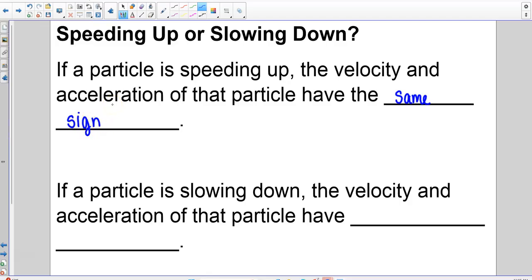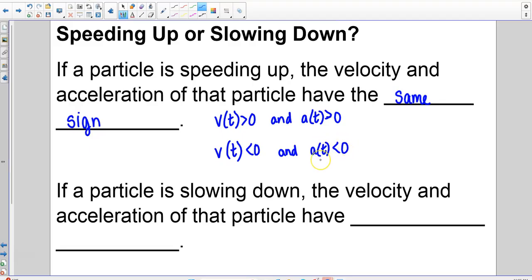So the scenario we have here is that v of t is greater than 0 and a of t is greater than 0. The other scenario that would still be speeding up is v of t is less than 0 and a of t is less than 0.